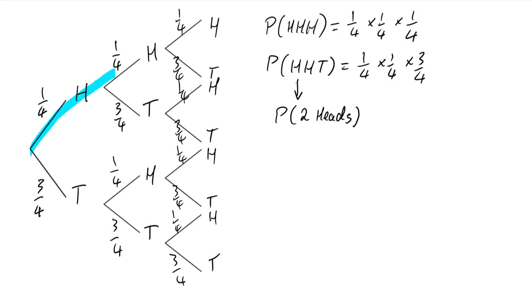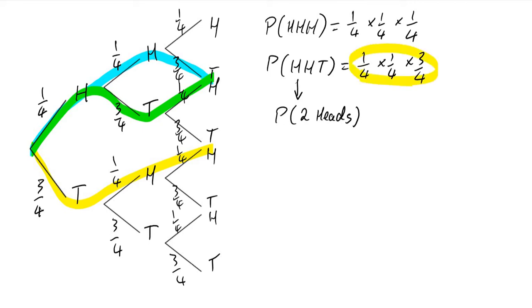We can go heads, heads, tails. We can go heads, tails, heads. Or we can go tails, heads, heads. Each of those is 1/4 times 1/4 times 3/4, just in a slightly different order. So if we were to generalize the probability of getting 2 heads, that would be 1/4 times 1/4 times 3/4 multiplied by 3.